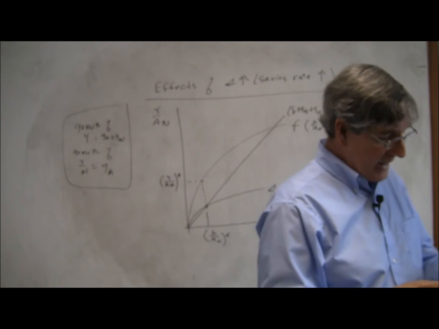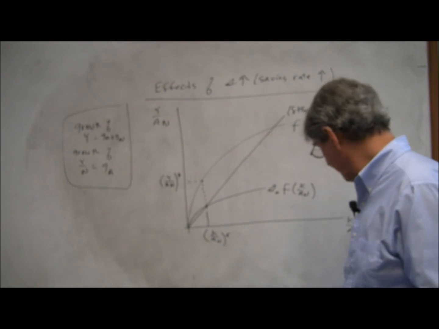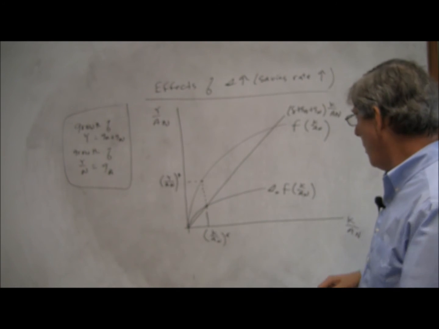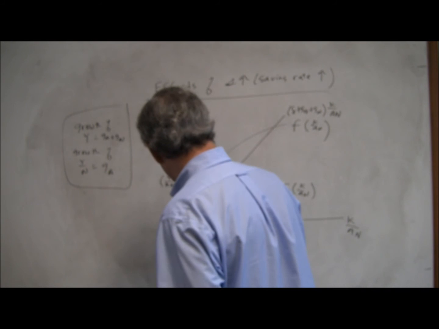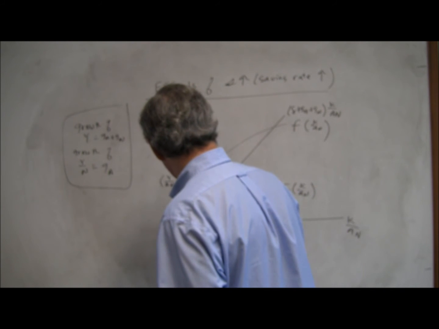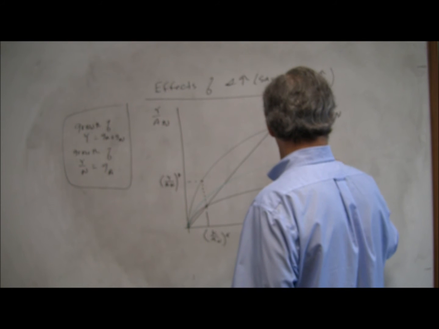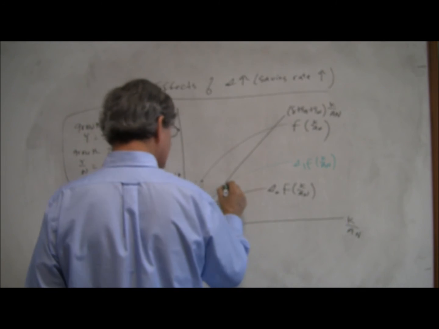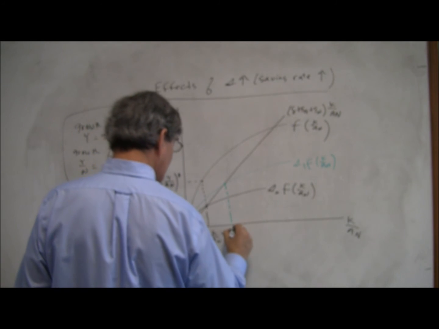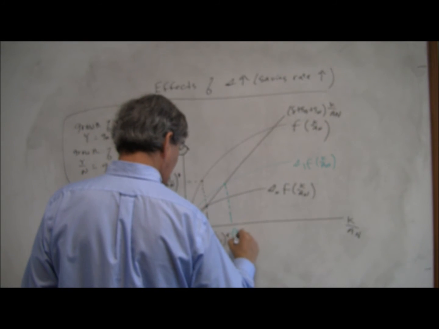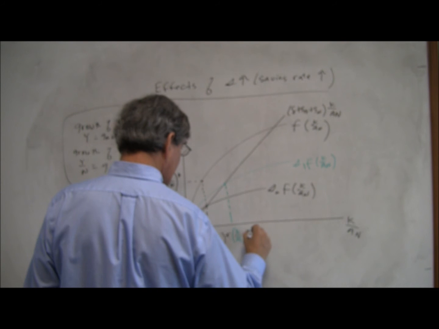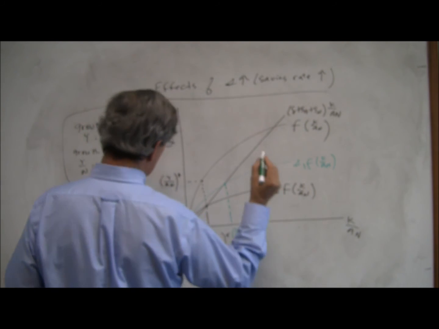Now let's let S go up to S1 and see what happens. Well, what that will do is rotate this investment function up to S1 f of k over AN. That'll give us a new steady state, k over AN star, call it.